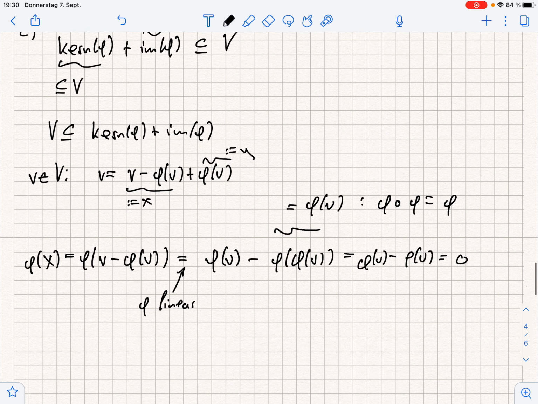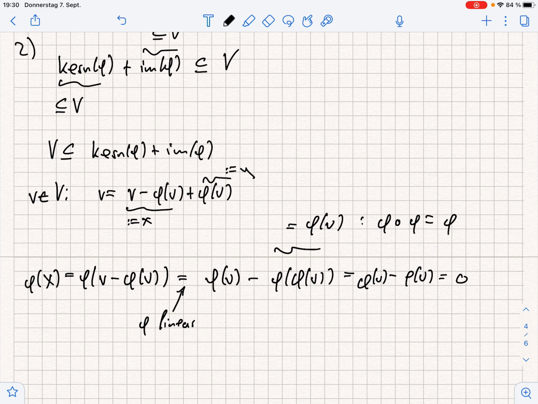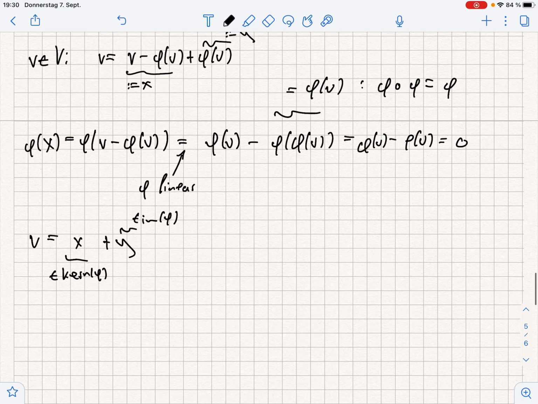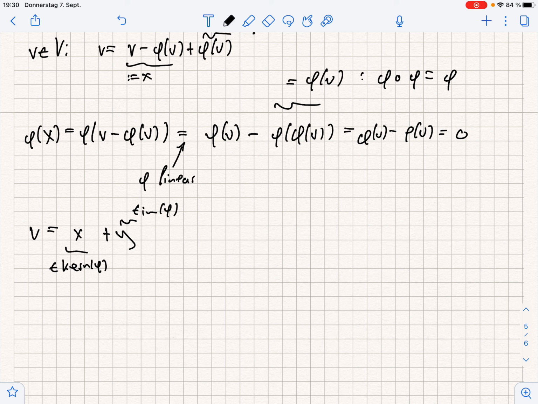So what we've just shown is that any vector v can be written as the sum of x plus y, where x is in the kernel of phi and y is in the image of phi, okay? So it follows that any arbitrary vector v in vector space V can be written as a sum of a vector in the kernel and a vector of the image.